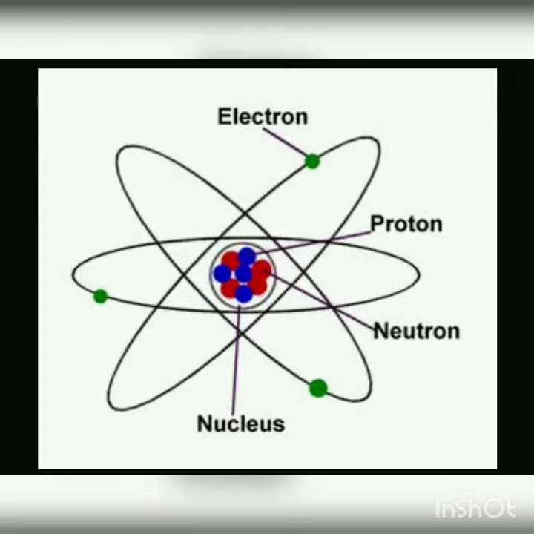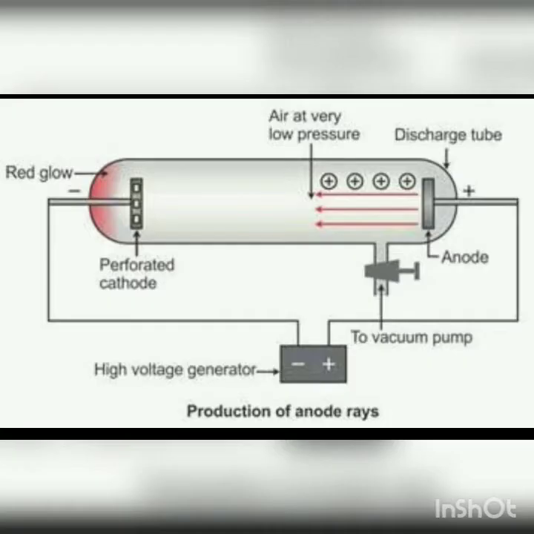It has been found by many experiments that all the atoms also contain positively charged particles called protons. The existence of these protons in an atom was discovered by E. Goldstein. So let's revise our next topic, discovery of protons, today.